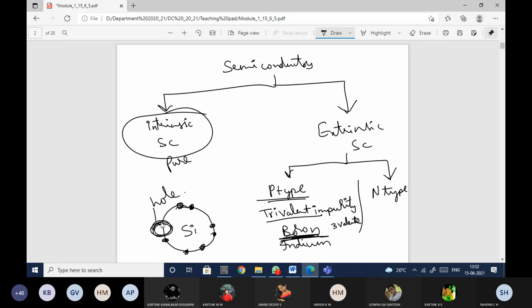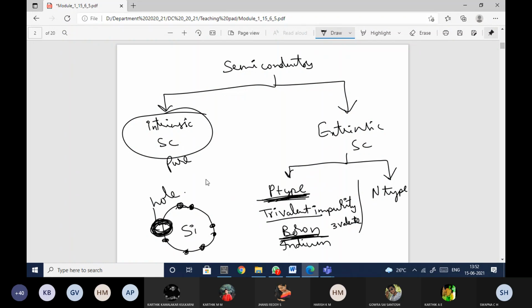Here, if you observe, it needs one more electron to fulfill the outermost shell, and that one more electron it can take. So here I have more holes present. It is said to be the p-type material.